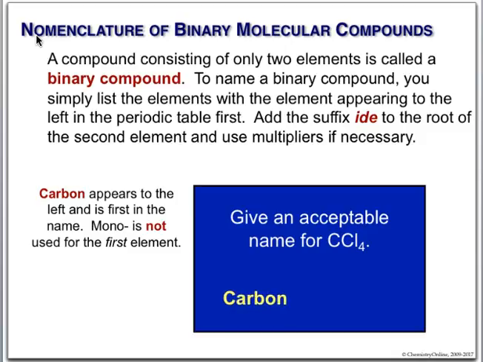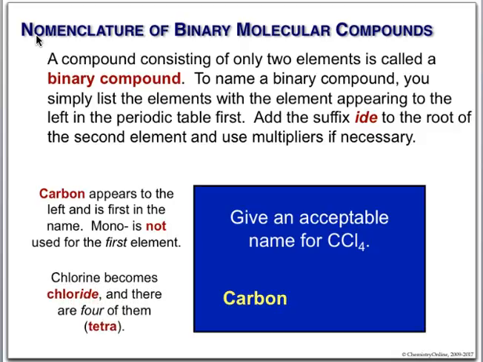We're not going to use mono, because we don't use a multiplier if there's only one of the first element. Now our second is going to be chloride, isn't it? How many do we have? We have 4. And how do we say 4 in chemistry? We say tetra. Carbon tetrachloride.